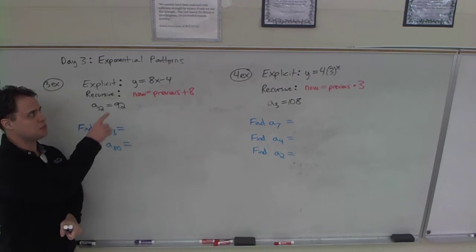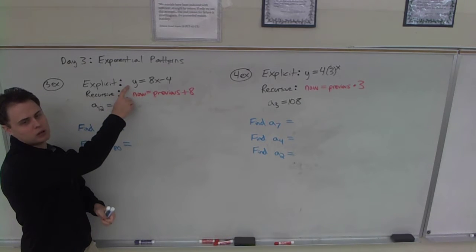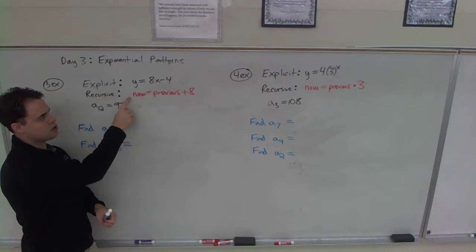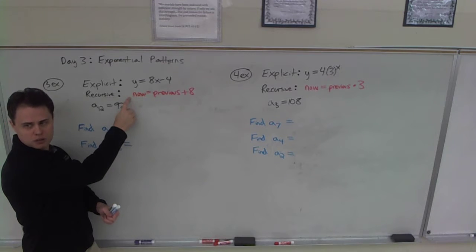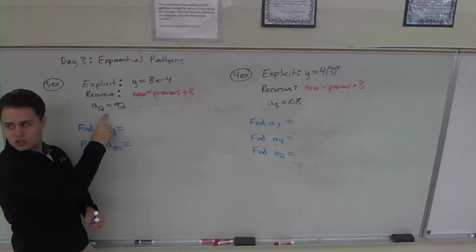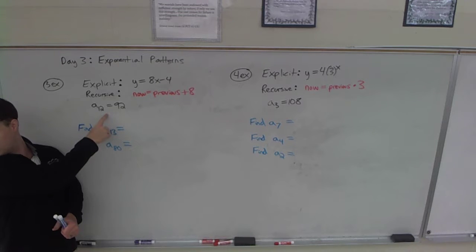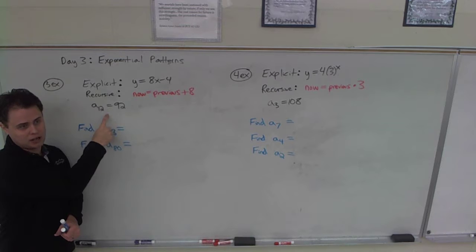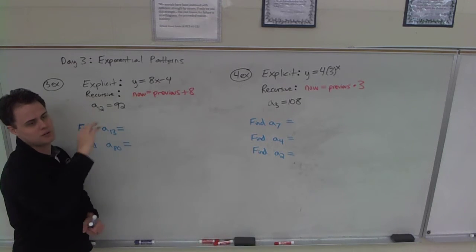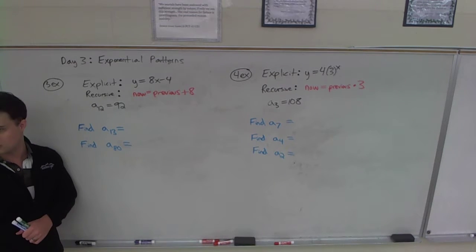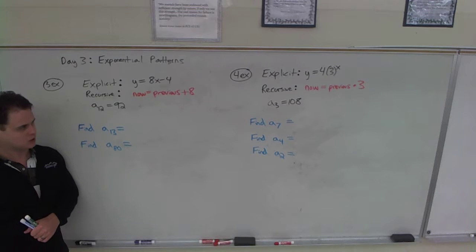So we have the explicit version of the sequence, or the equation. We have the recursive version of the sequence, or the equation. And we know about one spot, just one spot. It's like a starting spot, okay? So this is the 12th spot in the table if we went 1, 2, 3, 4, 5, 6, 7, 8, 9, 10, 11, 12. Cool?